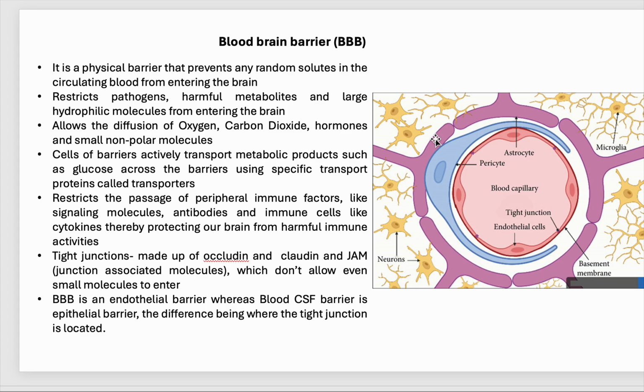So blood has several things like solutes, ions, drugs, foreign agents, whatnot. So this covering, like layers of cells, makes it difficult for unwanted things to enter the blood. So that's called blood brain barrier.